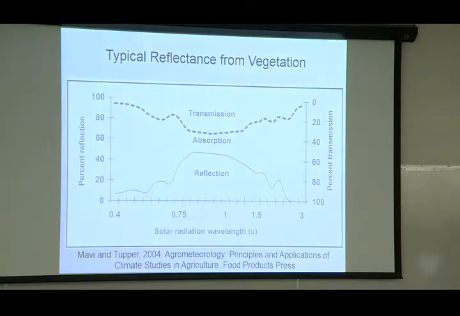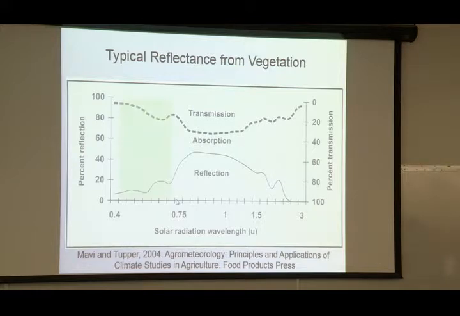So just to get the basics out of the way, we're talking about reflectance from vegetation. If we shine solar radiation on vegetation, we get a very unique pattern, where we don't get very much reflectance at these wavelengths, the violet colors, and then you get over into the red part of the spectrum.